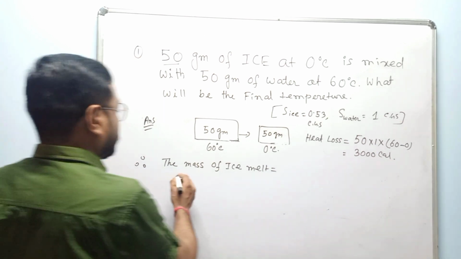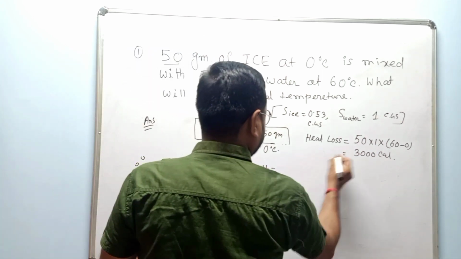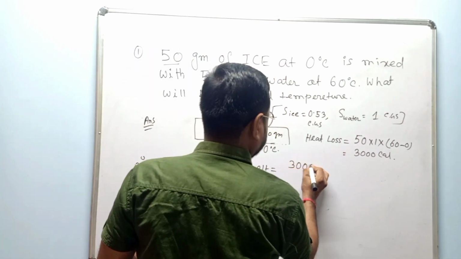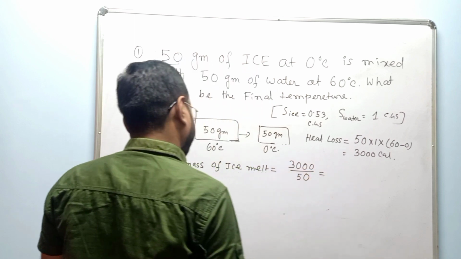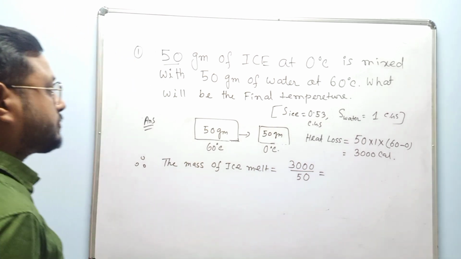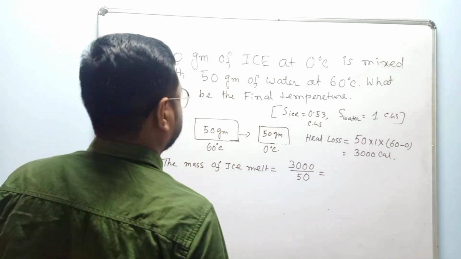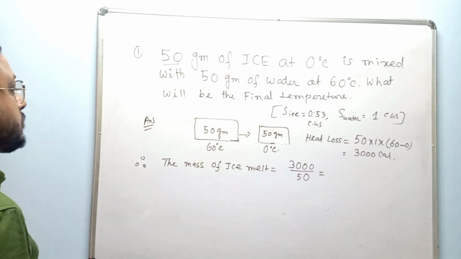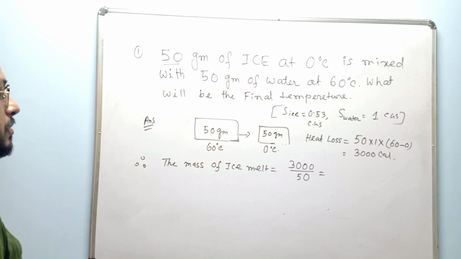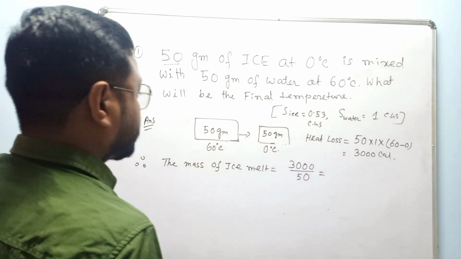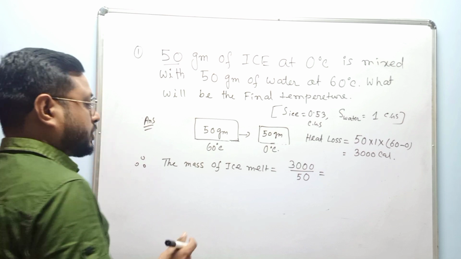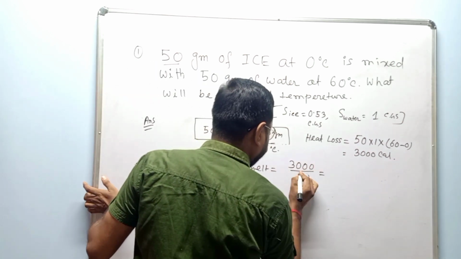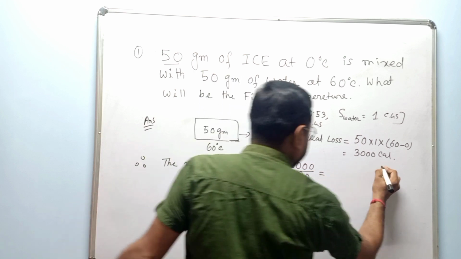So the mass of ice melted is the total heat, 3000, divided by, sorry, not 50 but 80, because Q equals mL.